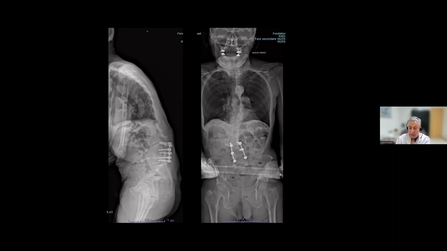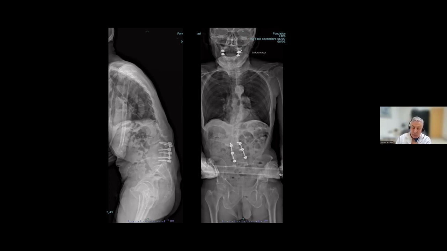Lots of mistakes in this, and this is, I would say, the iatrogenic deformity on this patient who collapsed at the level above. This is called proximal junctional failure, even on the short segment here.